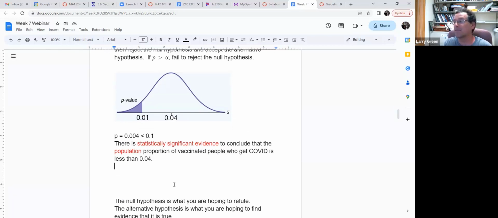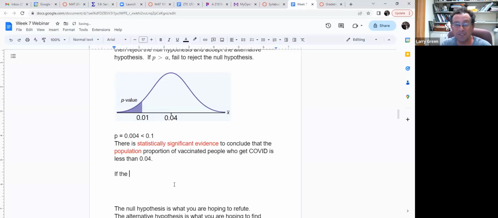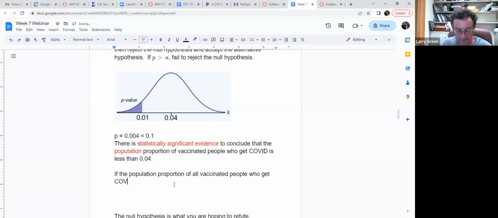Okay, so this is what we can say, is that if the population proportion of all vaccinated people who get COVID is 4% or 0.04.